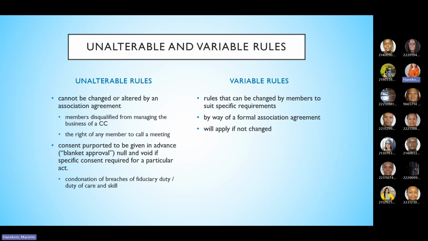Also, what we looked at in the previous slide, that consent to condone breaches of the fiduciary duty and duty of care and skill requires written condonation, or written approval of the condonation, by all members, who must be fully aware of all the material facts. And that provision, that it can only be under those conditions, can also not be changed.